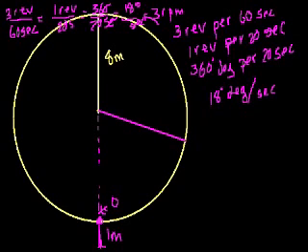What is this angle going to be? How many degrees have we traveled? Well, we travel 18 degrees per second. So if we travel t seconds, this is going to be 18t degrees, right?